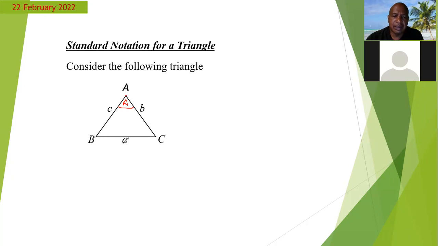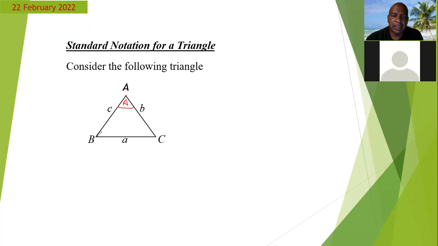So angle A, the side opposite to angle A is what we label as common a. In other words, the sides are opposite to their angles. So the common letter is used to label the side opposite to that angle. If you have the angle A at the vertex A, the side that is in front of the opening.